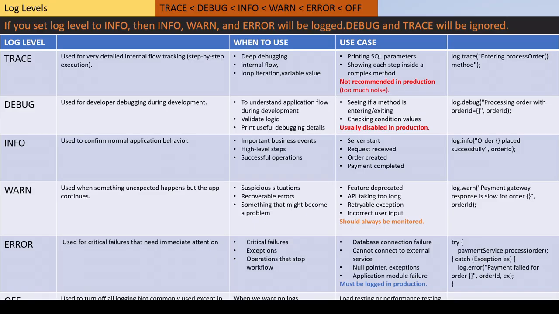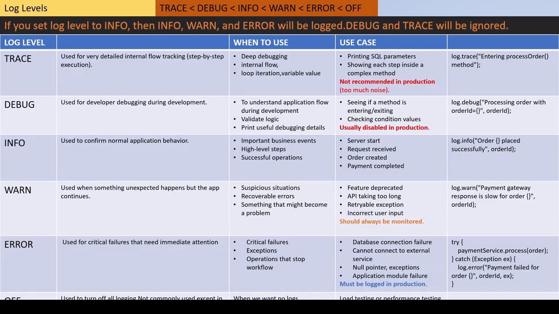And coming to off. Off is used to turn off all logging. Whatever we mentioned, like log.info, log.debug, log.warn, log.error, log.trace, it will not print any logs. That is the use of log.off. So when to use it: when we want no logs.